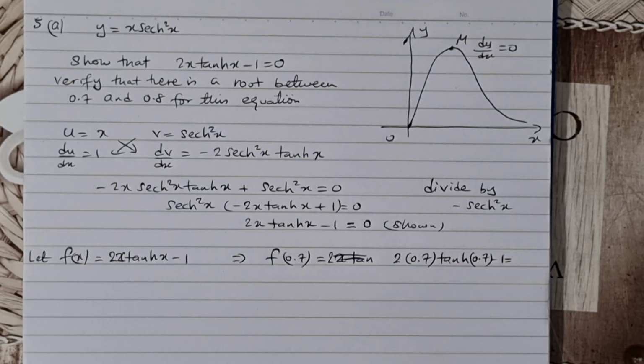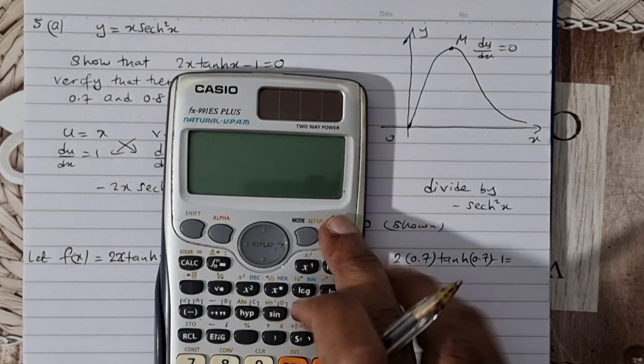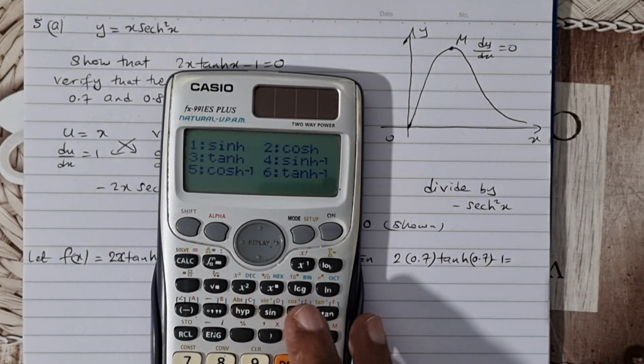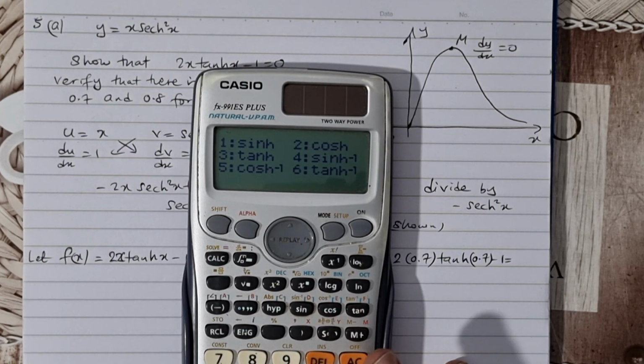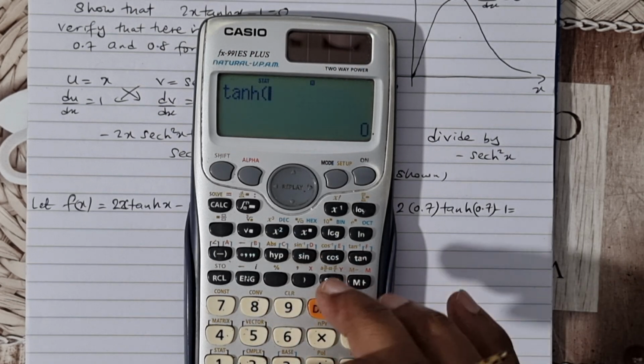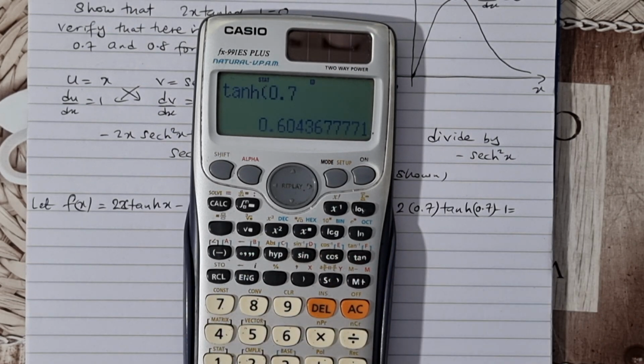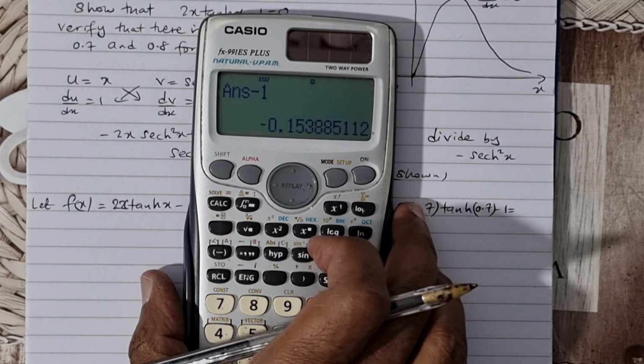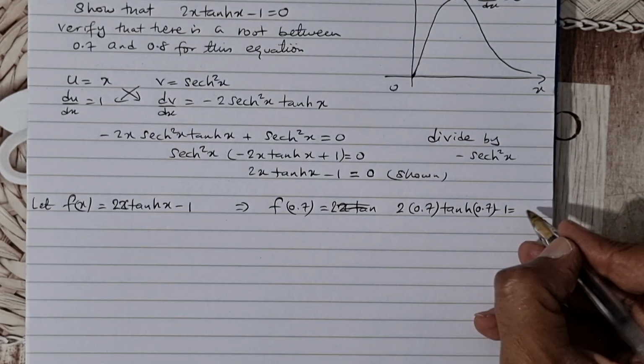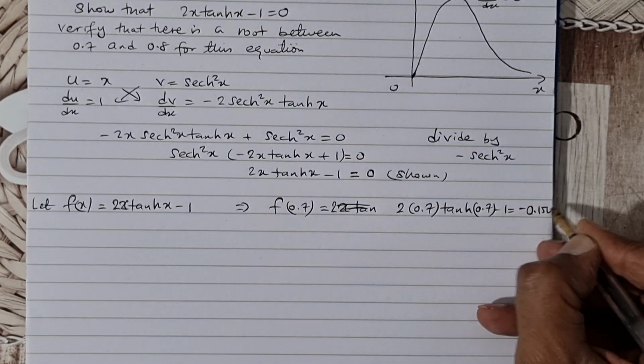Let us see what we get in our calculator. Using tanh, 0.7, multiplied by 1.4, take away 1, we get negative 0.154.